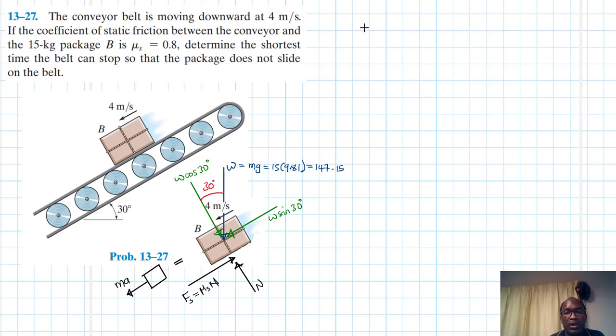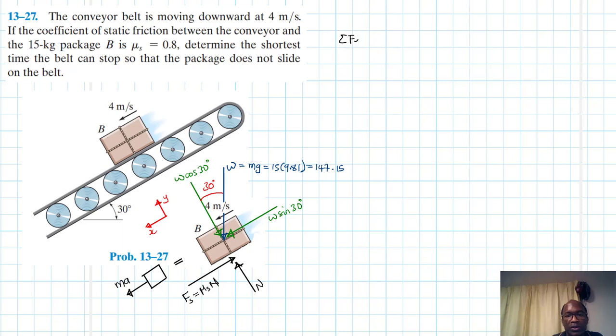So let's write down our equations of motion. Let's start with the y. Again, our reference coordinate is like so. This is our x and this is our y, positive values.